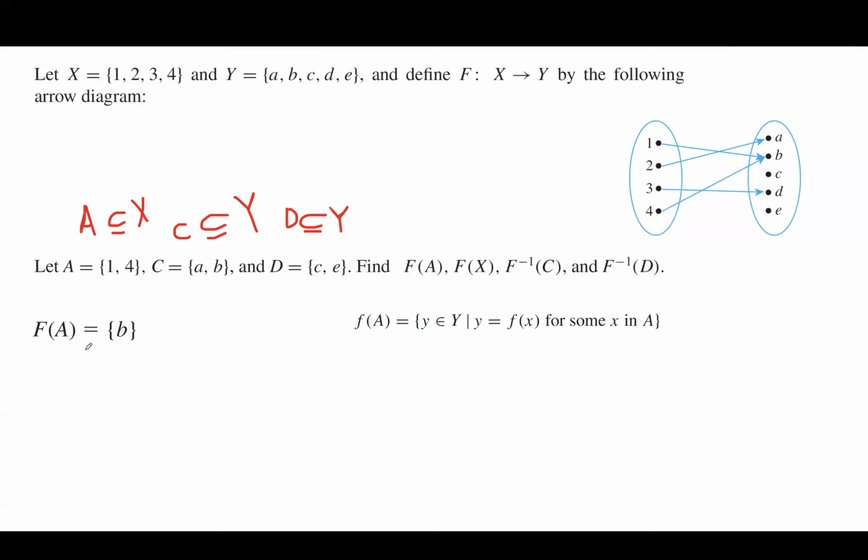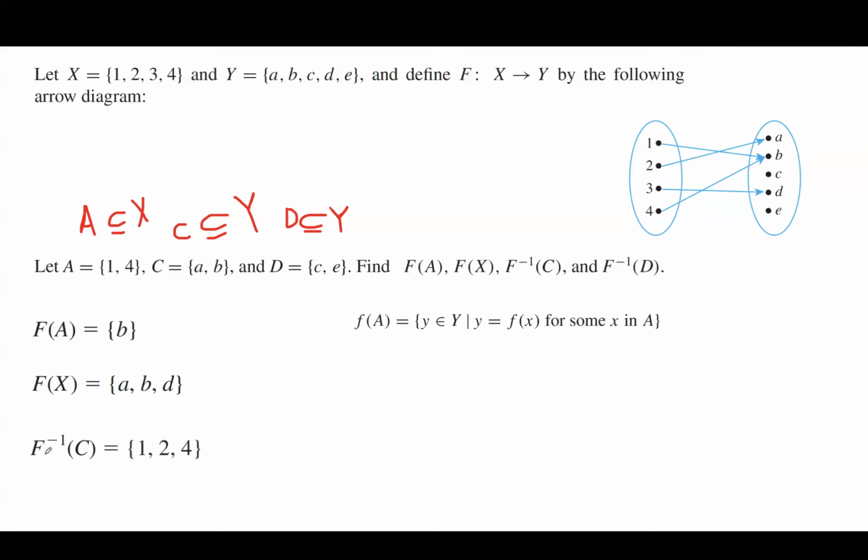So this set only includes one element. f of X, by definition, is the set of all y values such that y is equal to f of x for x in X. So you're looking for all y values, like a, b, and d, that 1, 2, 3, and 4 are mapped to. So you have f of X, which is a, b, and d. These are your output values.